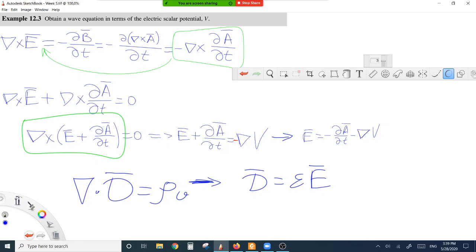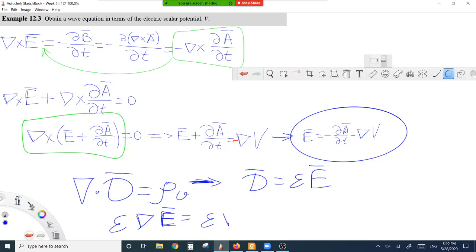It means that epsilon multiplied by the divergence of electric field will be equal to, here the expression for electric field, the divergence of minus dA over dt minus gradient of V, which is equal to rho V.